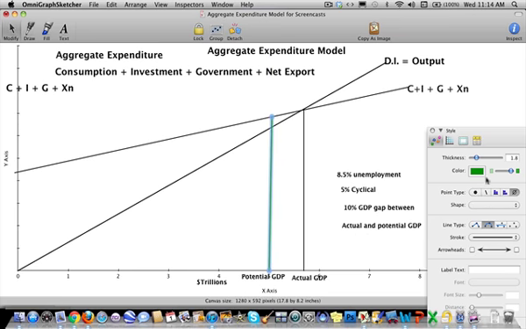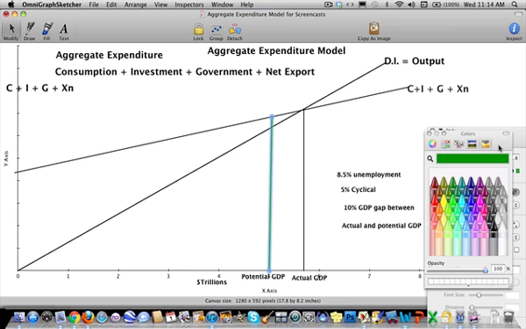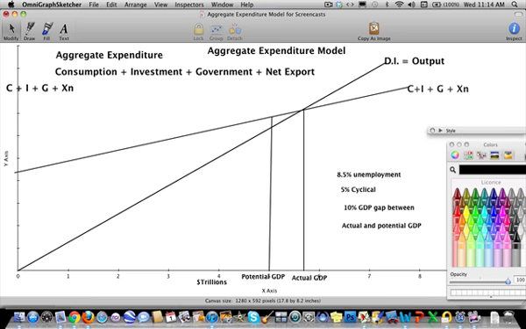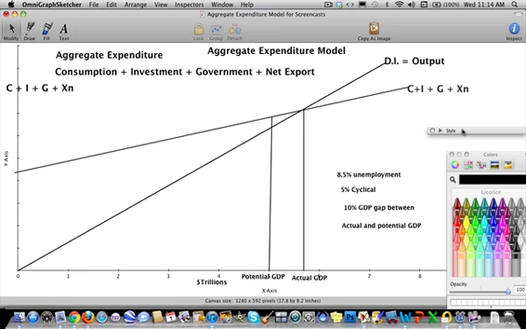Here you have a situation where what you're worried about is inflation, because this is a case where we have too much spending.